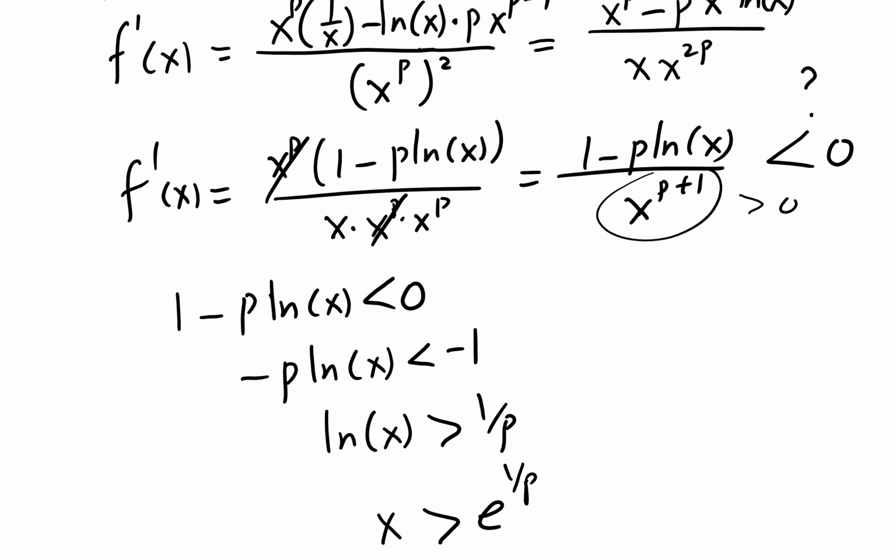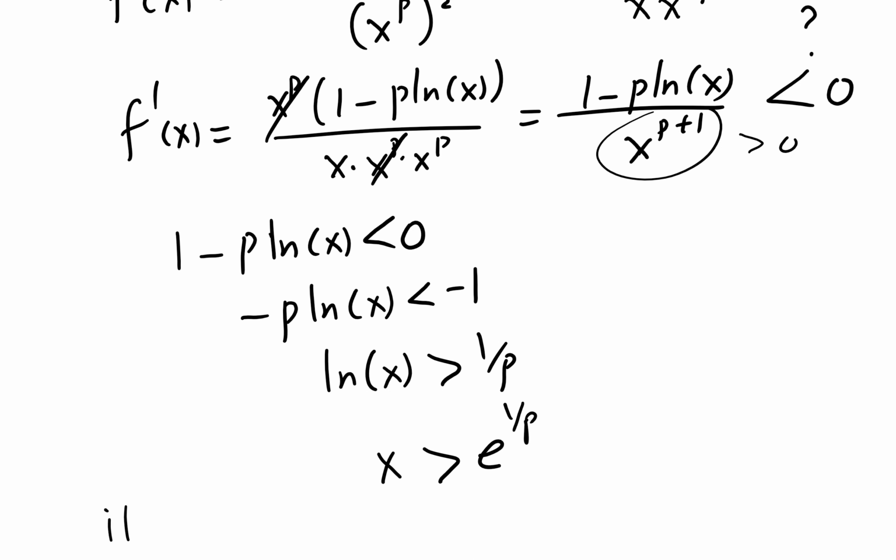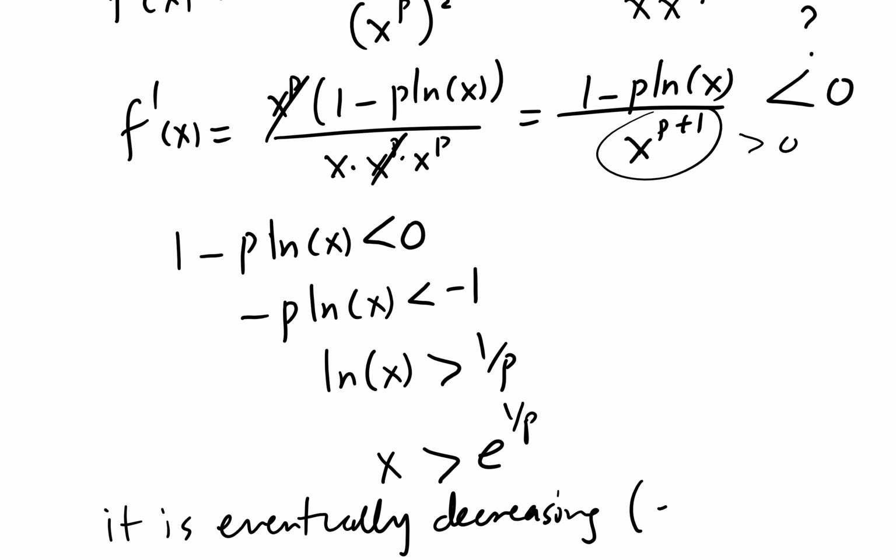So we say that this function is eventually decreasing on the interval that I just told you about, e to the 1 over p to infinity. So it's continuous, positive, and eventually decreasing.